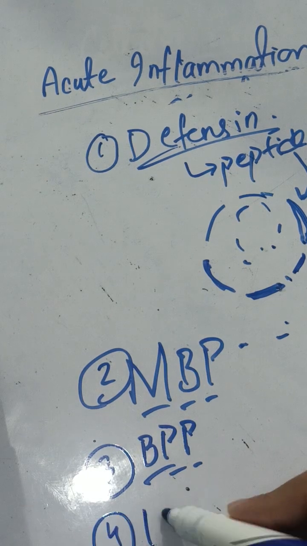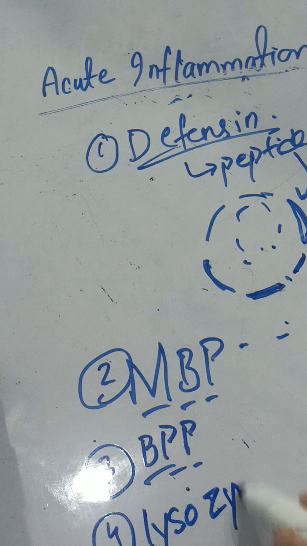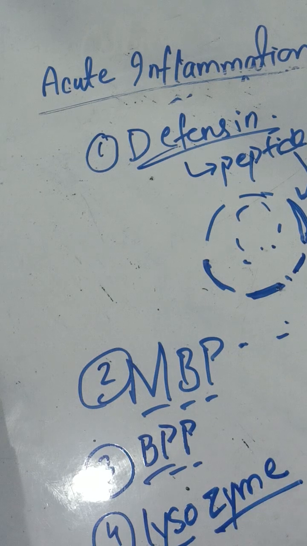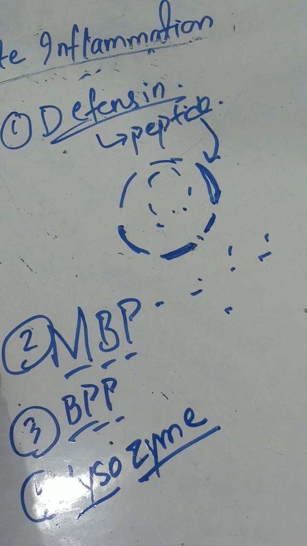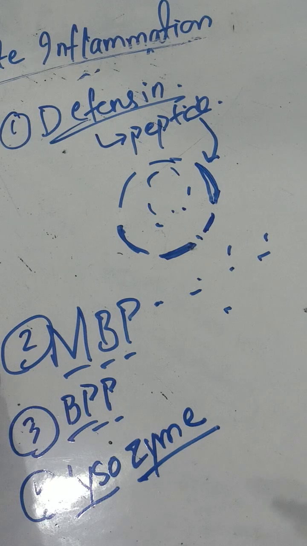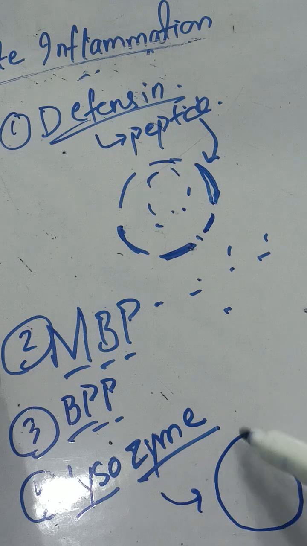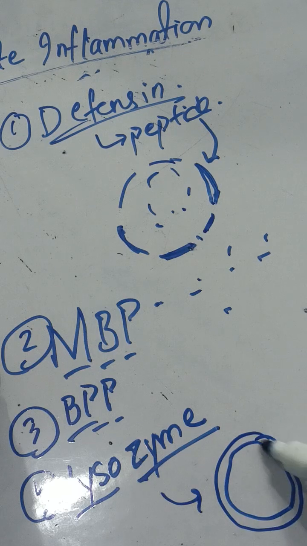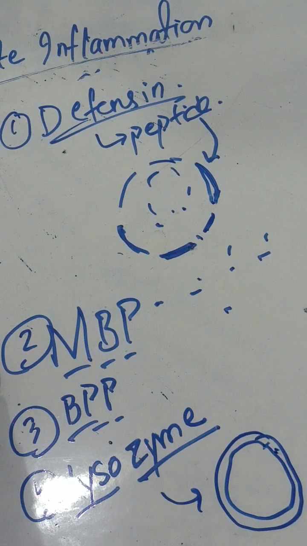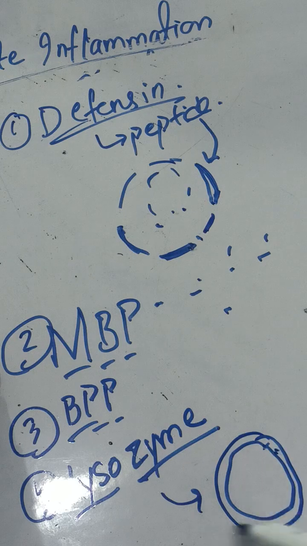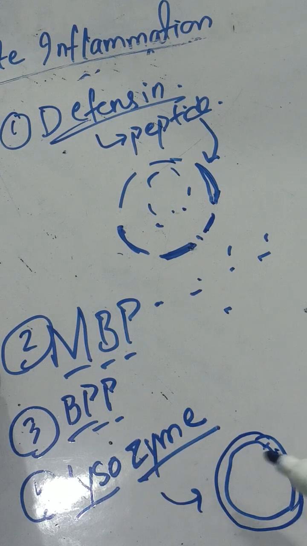The fourth thing is lysozymes, not lysosome, it is lysozyme. How does it kill your microbe? It degrades the sugar coat of your bacteria. Bacteria have a sugar coat around them, and lysozyme will degrade it and break down the oligosaccharides and polysaccharides present in the bacterial cell wall, causing the death of your microbe.